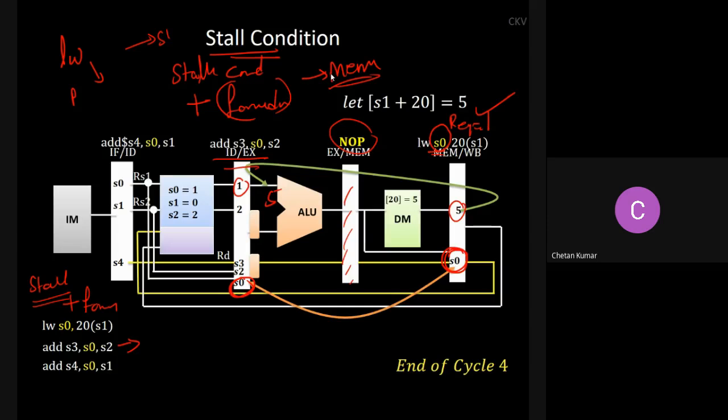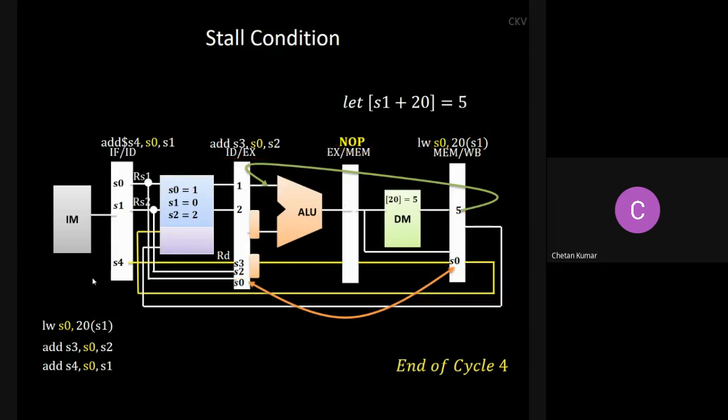Both will be together. Although in the next figure, when I show the hardware, I'll show one unit alone. But don't assume that only one unit will be there. You should assume that both units will be available for normal working of the pipeline without any hazards. Okay. So this is how we will stall, and once you stall, the forwarding will be automatically done with the help of previous instructions.